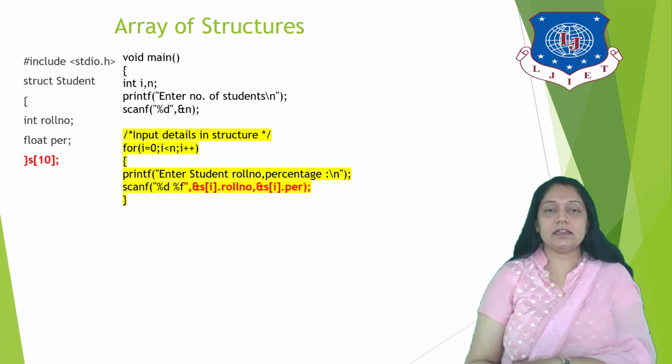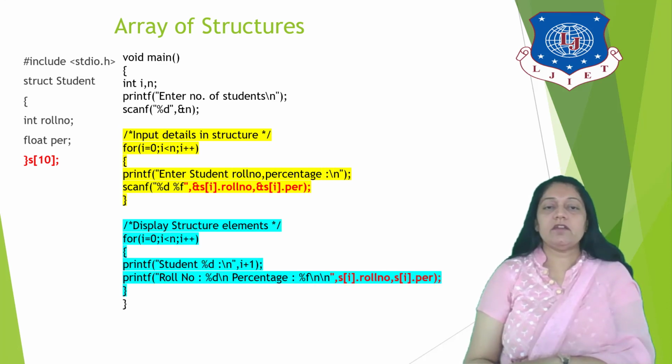So remember this. What was the difference? Previously we used structure members like s1.roll number or s1.percentage, but that was for one single student. Now since this is an array of structures, we convert the structure variable into an array. So S of i dot roll number and S of i dot percentage. Roll number is of integer data type, so %d, and percentage is of float data type, so %f in the control string of scanf.